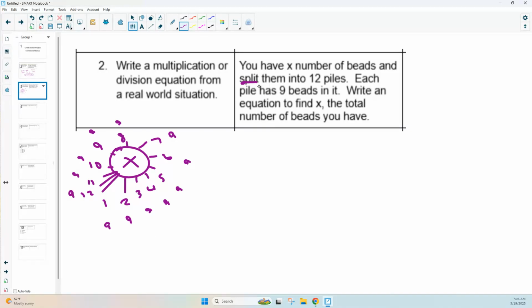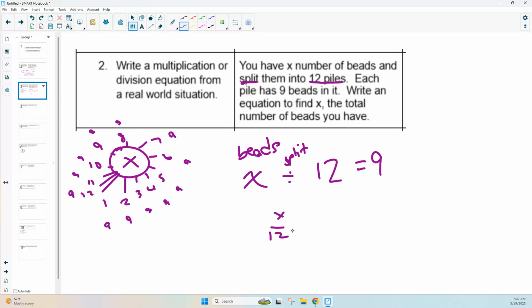I underline that word split because that is going to mean we are dividing. We split or divide into 12 piles, and then the result is 9 in each pile. So our equation is X over 12 equals 9. Remember that division bar, that fraction bar means division. So our equation again, X over 12 equals 9. We don't need to solve it because we only need to write it. That's the question. All right, let's keep going.